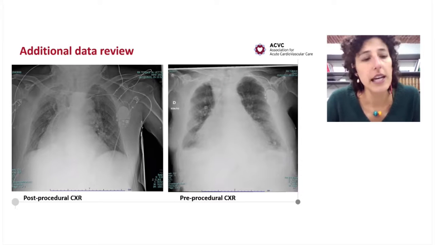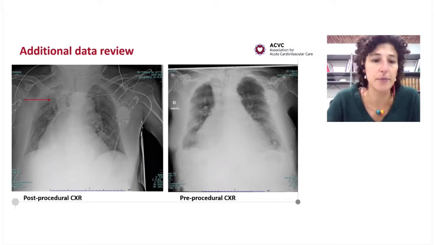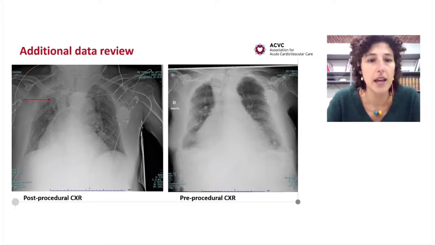We reviewed the chest X-ray the patient had after the procedure, which didn't give any specific sign, but something that captured our attention was a slight increase of the curvature of the trachea compared with the pre-procedural chest X-ray.